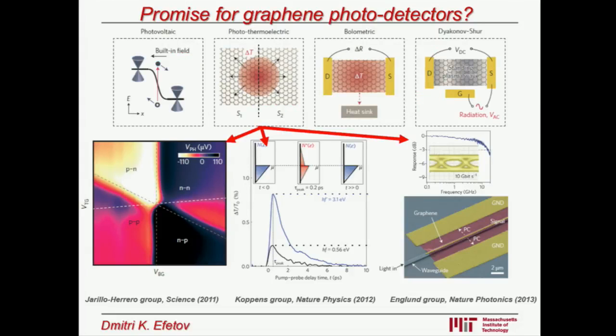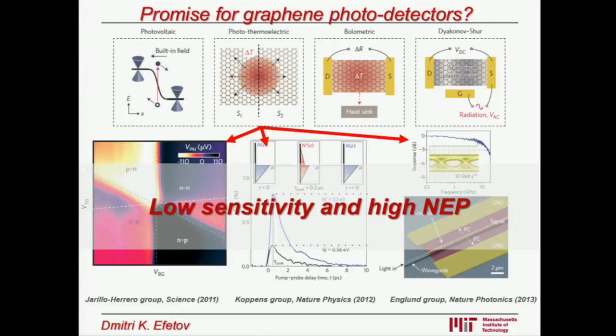One thing I have to say is that all of those detectors operate on the principle of the photothermoelectric effect, which was worked out by Pablo a couple of years ago. In principle, this is so far the most dominant effect among all the possible effects you can observe in graphene. But one of the drawbacks is that the sensitivities and noise equivalent powers you get from those detectors are rather low.